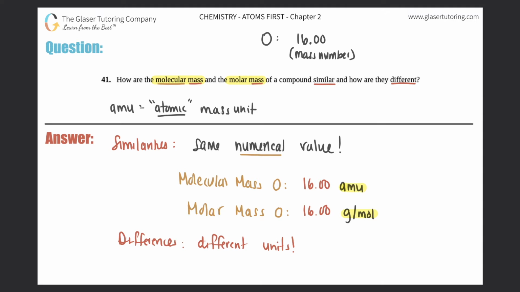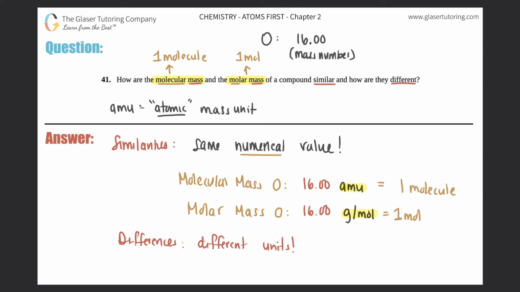Molecular mass, molecular, is talking about one molecule. So this atomic mass unit is for one molecule. Molar mass, mole, this is for 1 mole.